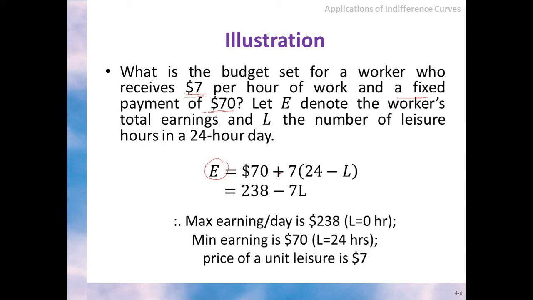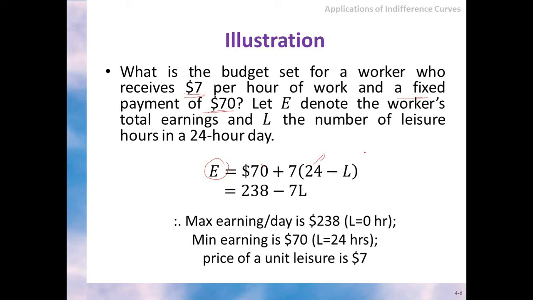This is where we get 70 here. It does not depend on any leisure hours or working hours, because it is a fixed payment, plus 7 times 24, the 24 hours per day just now, minus the leisure to get the working hours.